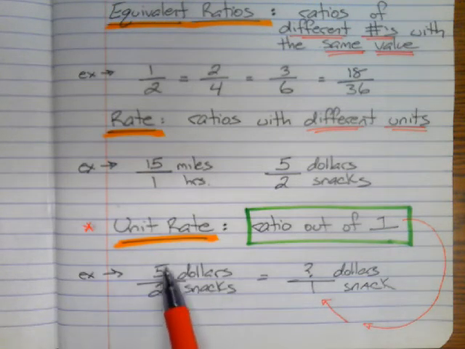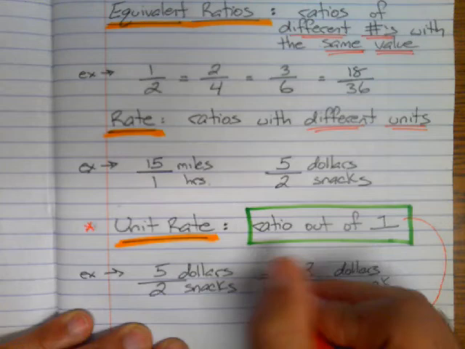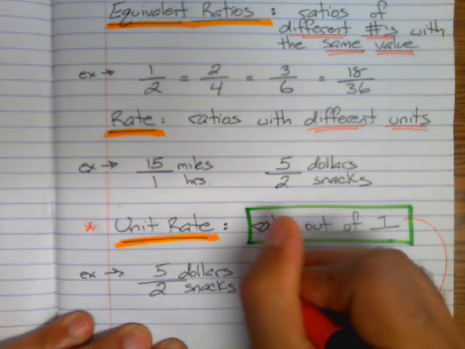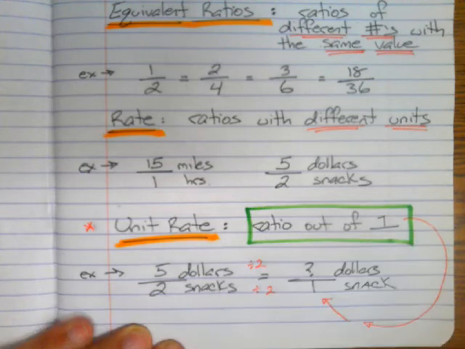So 5 divided by 2 would get you that answer. Or, what do I do to 2 to get to 1? I take this 2 and I divide it by 2. Divide 5 by 2 and you get your answer.